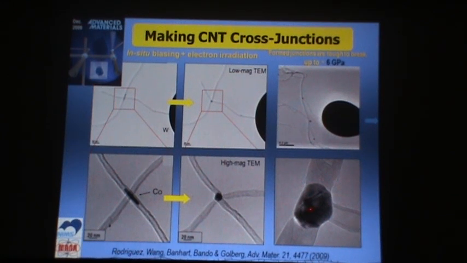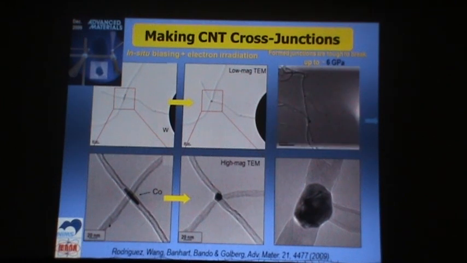And here we have covalent bonding between cobalt and carbon. This junction happened to be rather tough. When we try to detach the junction from the tube, it prefers to detach from the electrode rather than from the clamp. We measured the strength of this junction, and it happens to be more than 6 gigapascal.